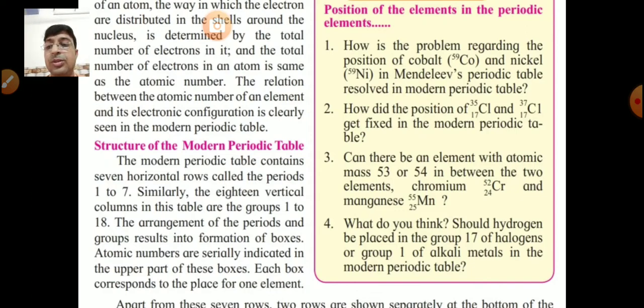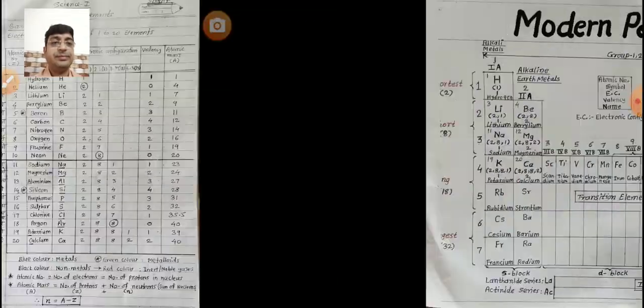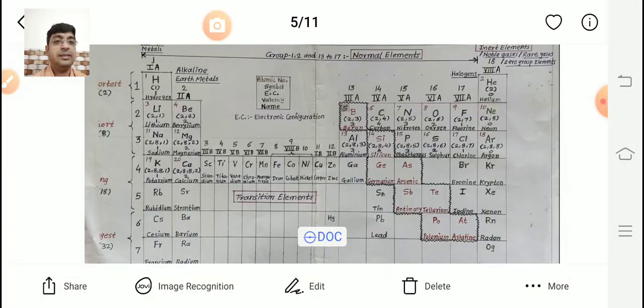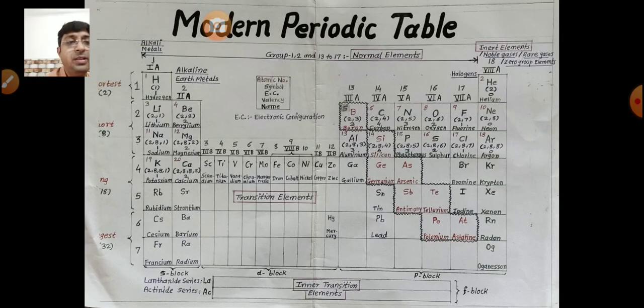So I will show that table in the picture. See here. Now this is the modern periodic table, also given in our textbook, and this is a handwritten periodic table that is specially for 10th standard. After school reopens, all students take a Xerox of this copy from me.